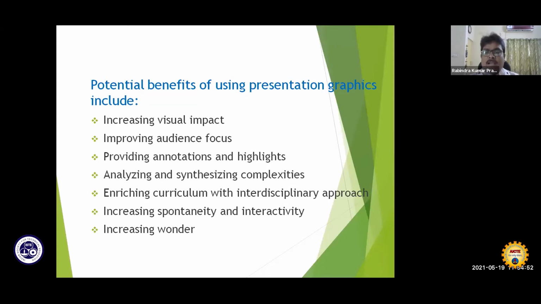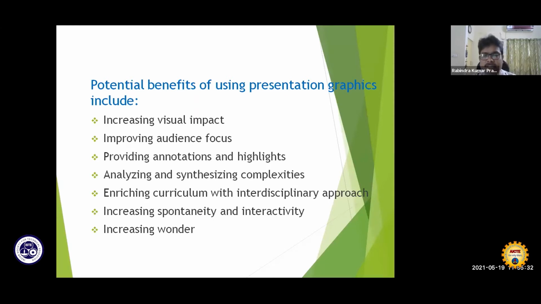People often talk about how PowerPoint presentations can attract the motivation of the students so that you can impart meaningful lessons in the classroom, like increasing the visual impact, improving audience focus, providing annotations and highlights, analyzing and synthesizing complexities, enriching curriculum with interdisciplinary approach, increasing spontaneity and interactivity, and increasing wonder or surprises.